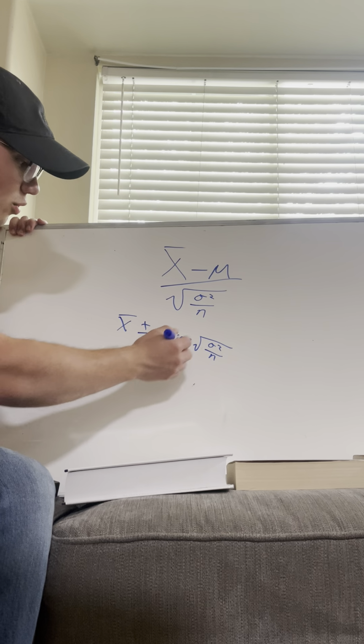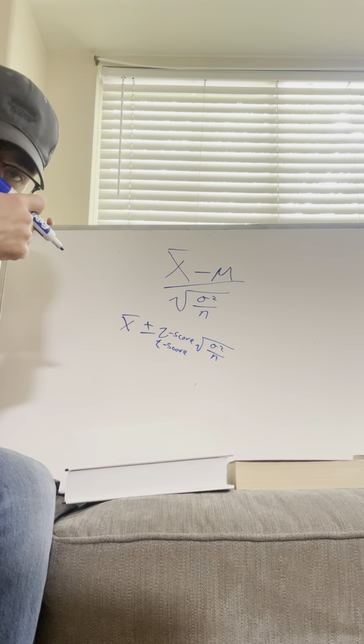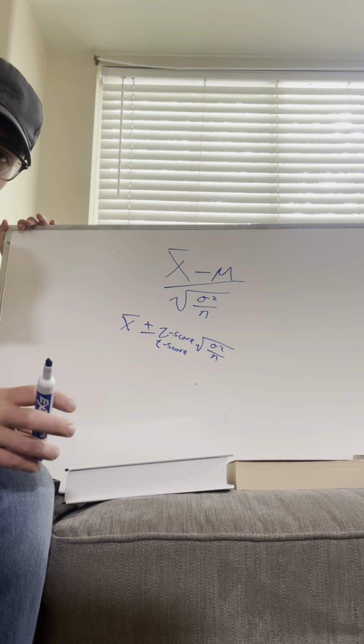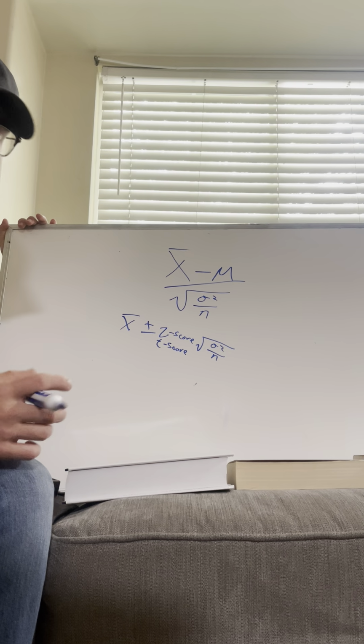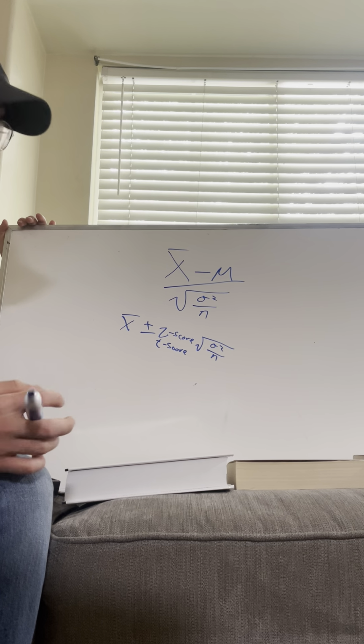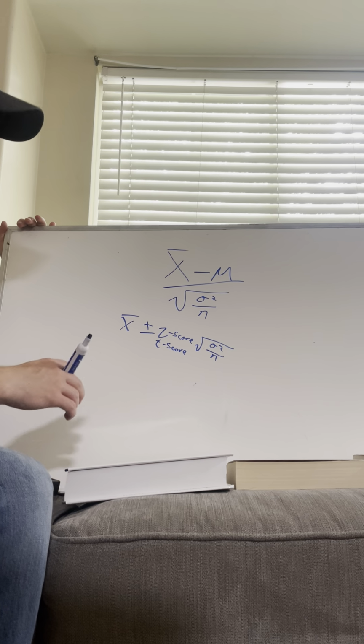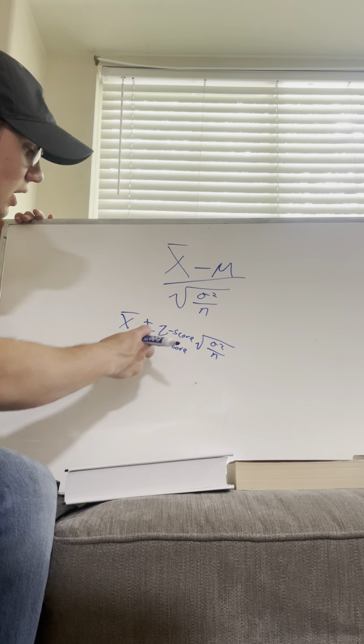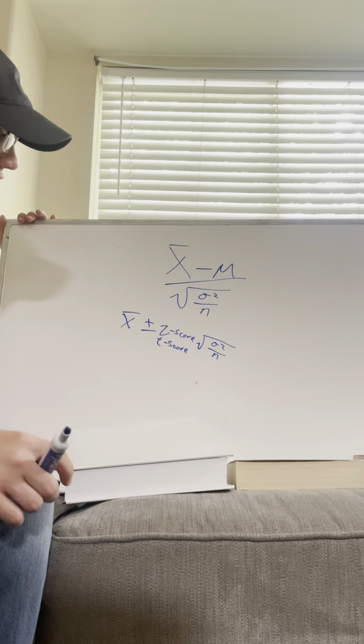This t or z score is determined by the confidence of the interval that we want. So if we want a 90% confidence interval or a 95% confidence interval or a 99% confidence interval, these scores will change.